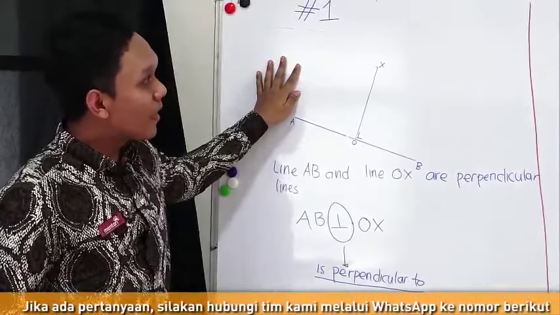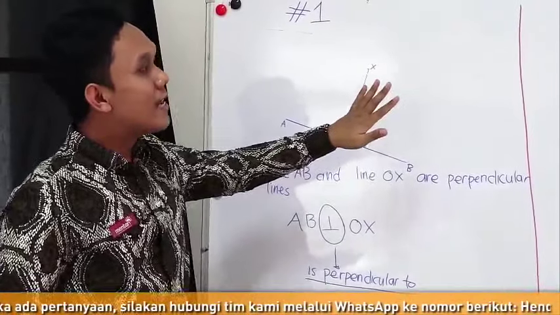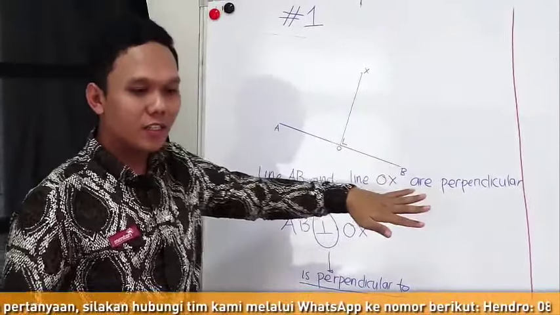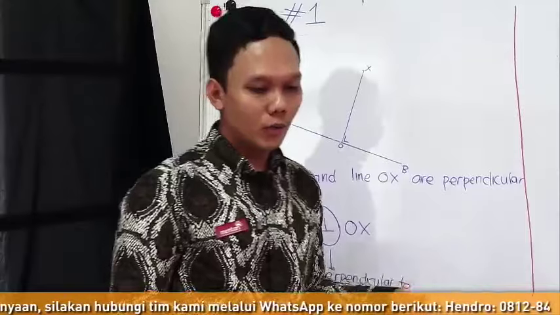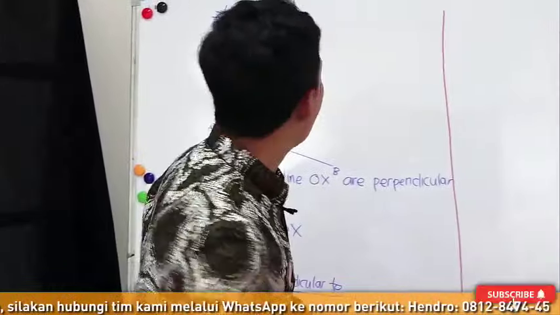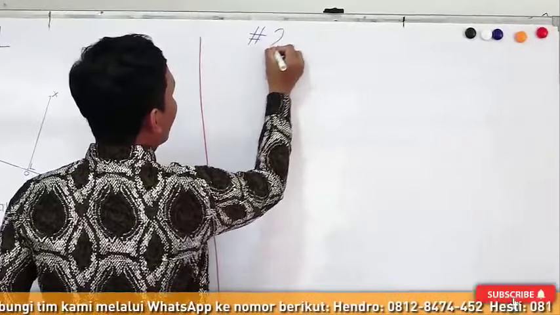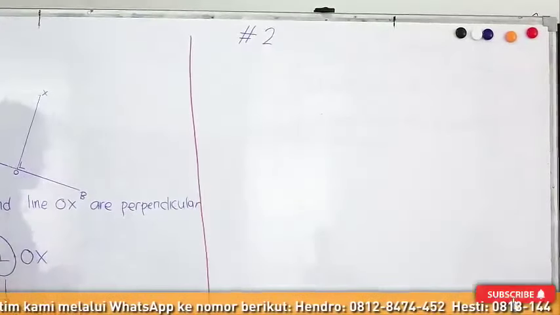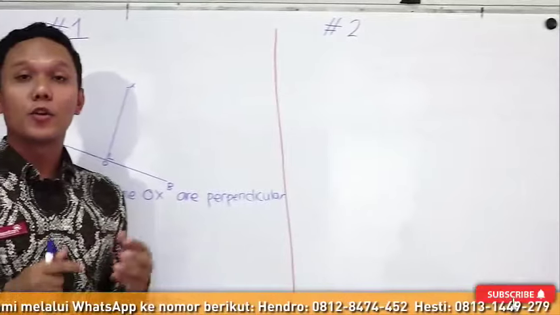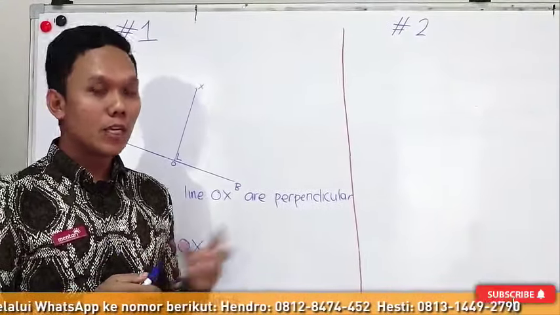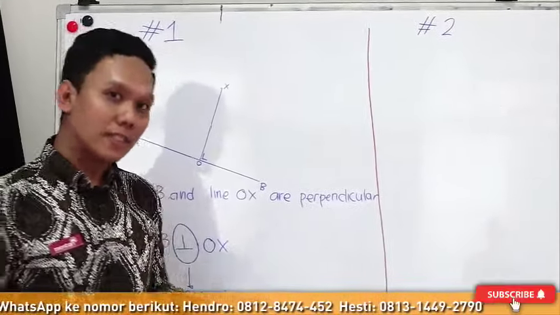So now, let's move to another method or another strategy for how to draw perpendicular lines. Yeah, this is strategy number 2. We can draw perpendicular lines that go through a point. So we need to draw a point first, yeah?